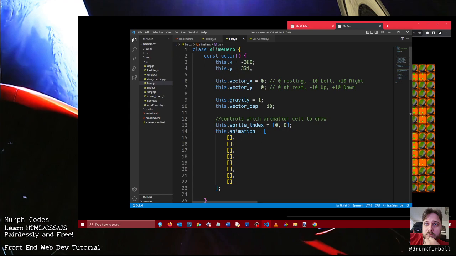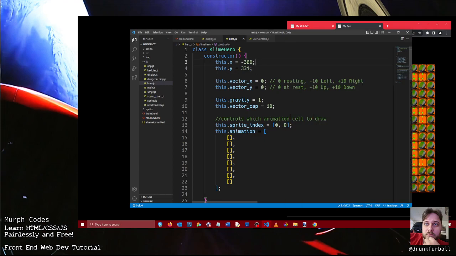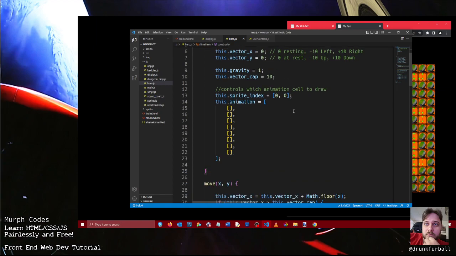Our hero starts at this particular location, has a vector x, a vector y. This is his movement, left and right, up and down. Gravity is just the default drag, and the vector cap is how fast he's able to go.